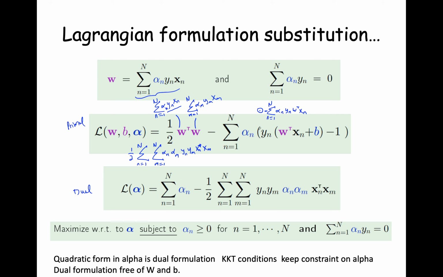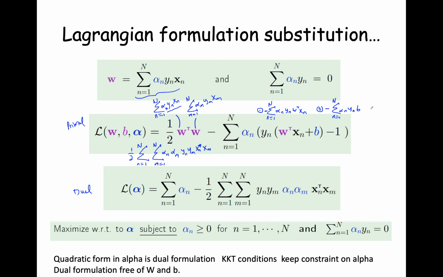Our second term, we distribute this multiplication. We have alpha n, yn, b. Our second term, then, is a minus, the sum, n goes from 1 to big N of alpha n, yn times b. And then lastly, our third term, we have that leading minus, and we have alpha n times minus 1.